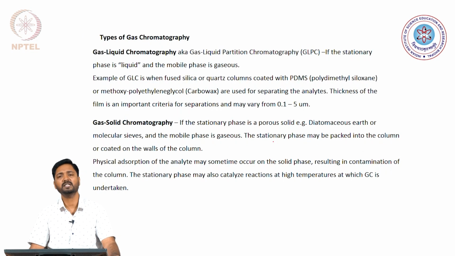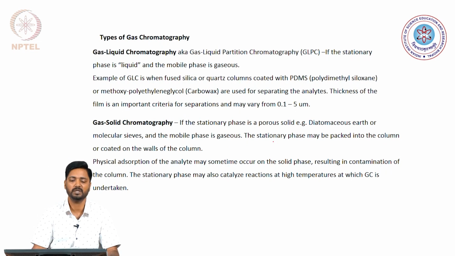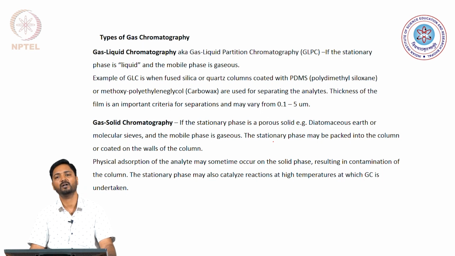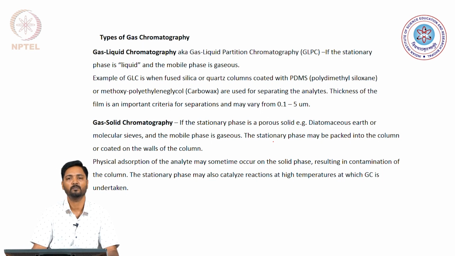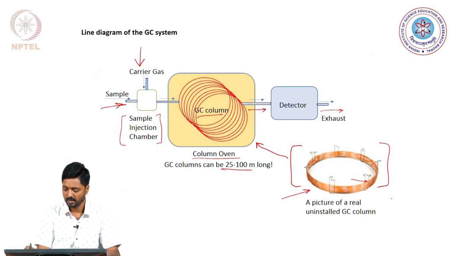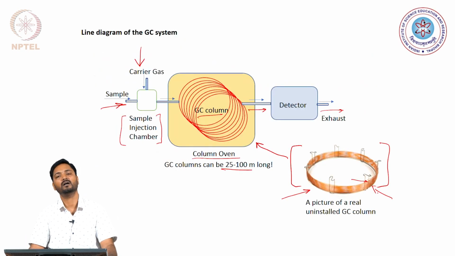So, let us look at the two types of gas chromatography that have been developed. This differentiation is based on what our stationary phase is going to be in the column that we just saw. In this column we would have filled a stationary phase, and that will dictate what type of chromatography we will call it.